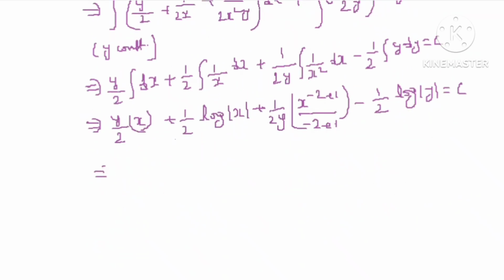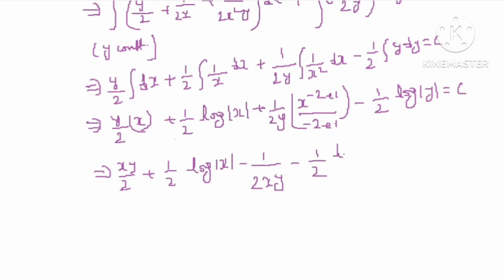So this implies xy by 2 plus 1 by 2 log mod x. This minus 2 plus 1 is minus 1, so this is minus 1 by 2. X to the power of minus 2 plus 1 is 1 by x. So this is minus 1 by 2xy minus 1 by 2 log mod y is equal to c.